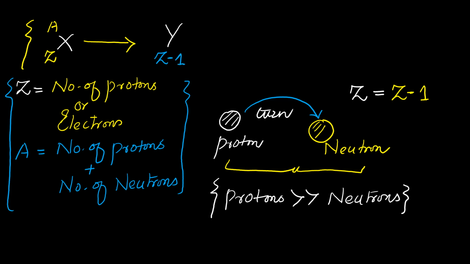Now, since the proton is converted into a neutron, the total amount of protons plus neutrons in the nucleus is the same as the atomic weight of the previous atom X. So the new daughter nuclei formed will also have the same atomic weight, and then they will release a positron, which is represented by beta plus.